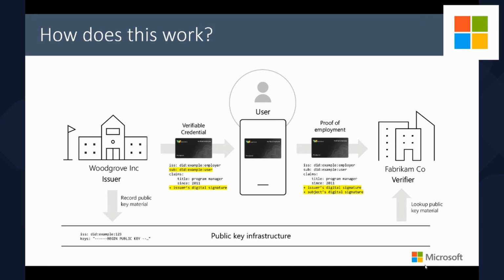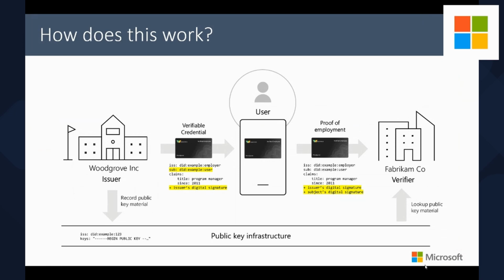And now, because of the fact that this public key of Woodgroove is recorded on the public key infrastructure, so distributed ledger, which is Bitcoin blockchain in case of verifiable credentials, then I can access it from other places, from other organizations. So if we switch to the right side of the diagram, if Fabricam will require this user to present proof of employment at Woodgroove, user will present this verifiable credential.